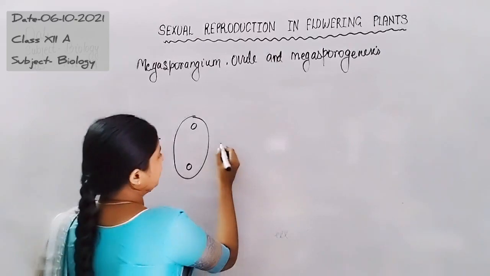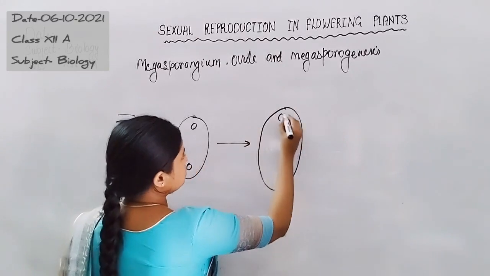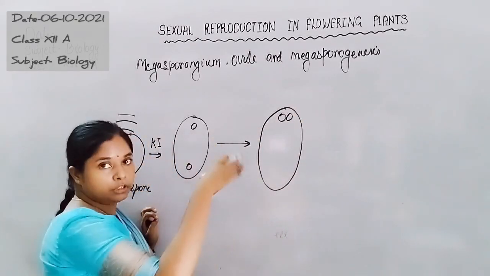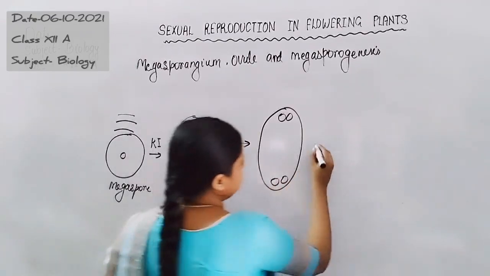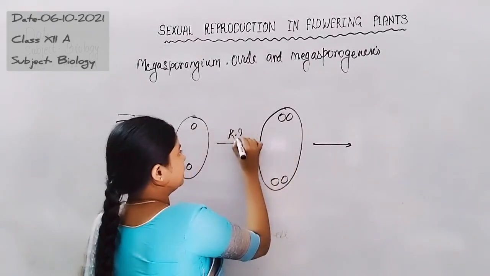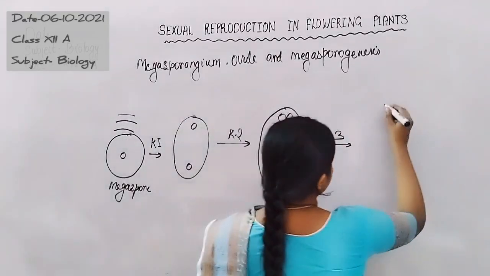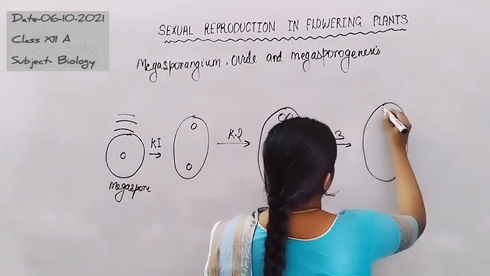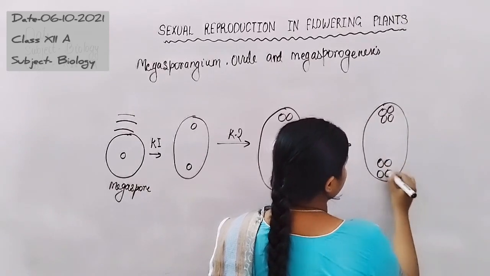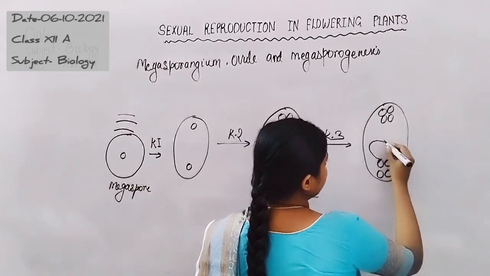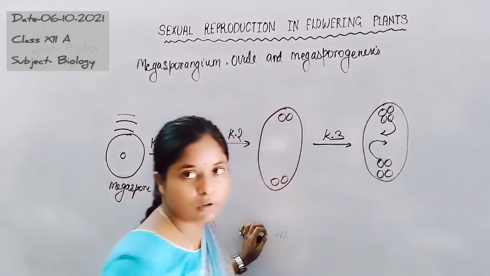Now, the second karyokinesis will also take place, and two nuclei again form from one nucleus. Then karyokinesis 3, and from 2, 4 nuclei will form at each pole.